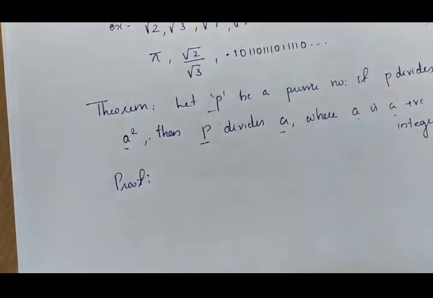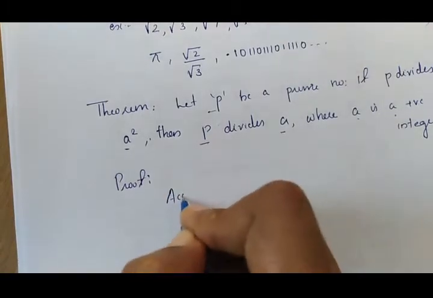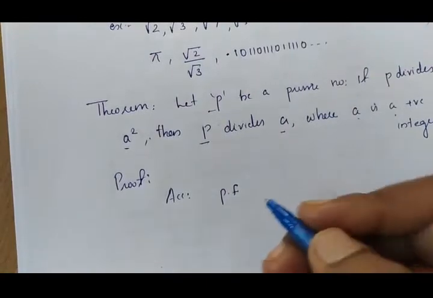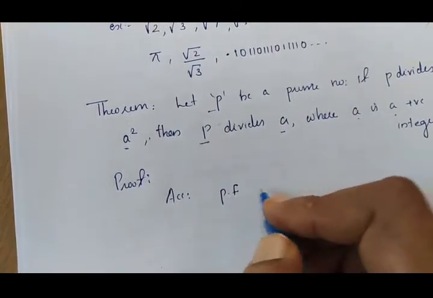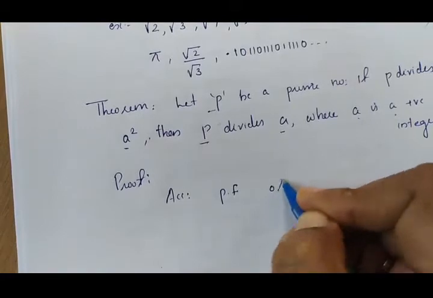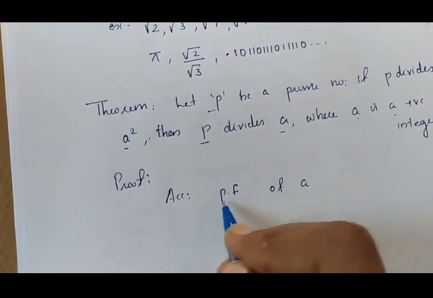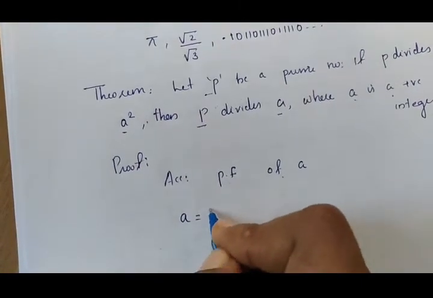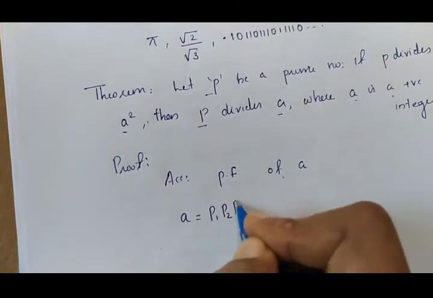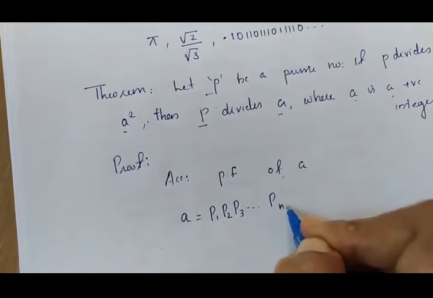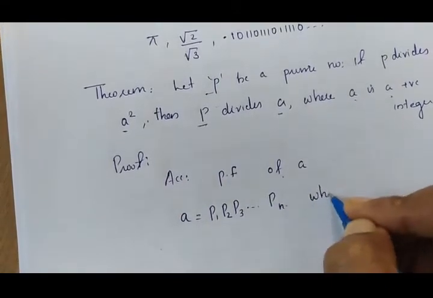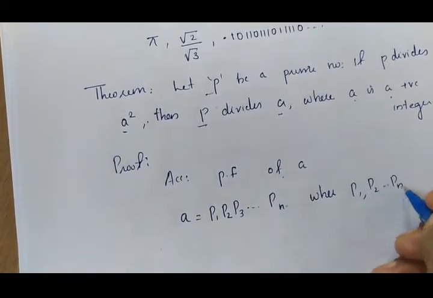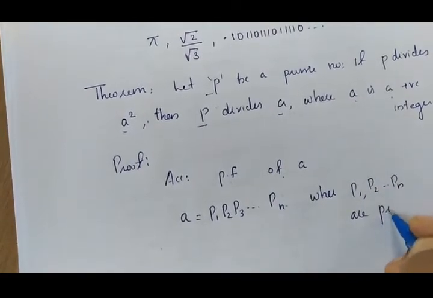Let's go to the proof. According to the prime factorization method, the prime factors of A are: A is equal to P1 into P2 into P3, etc. Pn, where P1, P2, etc. Pn are primes.